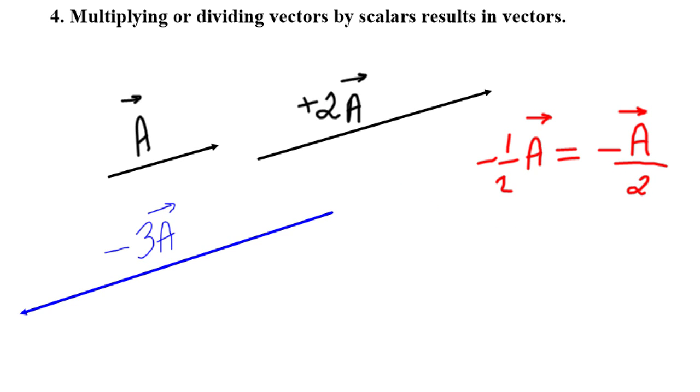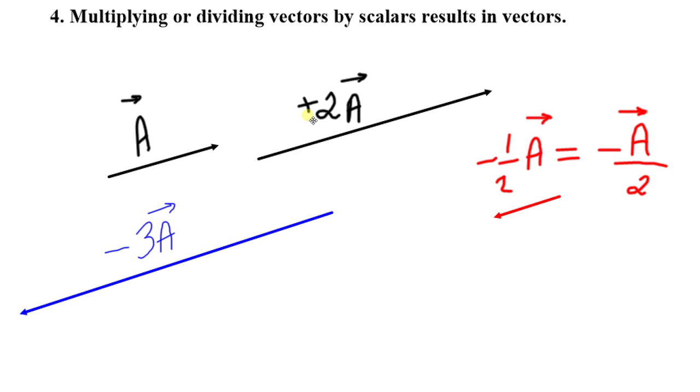The same thing, minus half A will be half the size of A and in the opposite direction. So opposite direction and half size. Almost half size. This is minus half A.